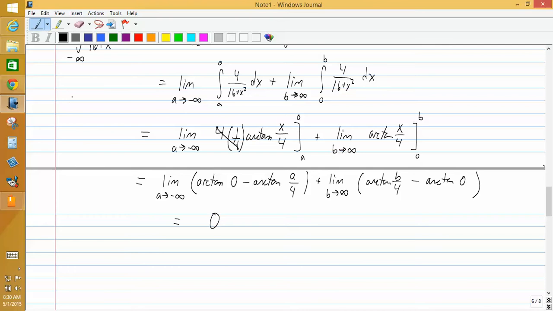Okay, so if you recall the graph for tangent, you have a vertical asymptote here at pi over 2, and a vertical asymptote here at negative pi over 2. And arctangent is defined between negative pi over 2 and pi over 2 generally. So there's a couple of answers here.